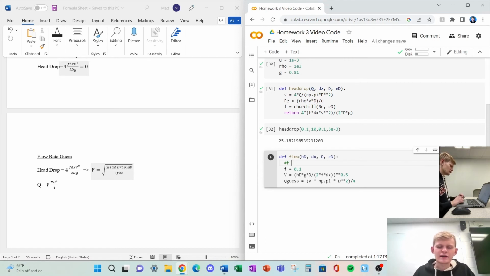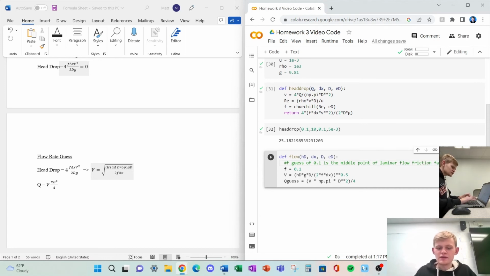Why we're using 0.1 is kind of just the average of our friction factors for laminar flow, because our friction factor for laminar flow goes from 0 to 0.2. So we're just going to take the middle of that. So we're just going to write out that our friction factor guess of 0.1 is the middle point of the laminar flow friction factor.